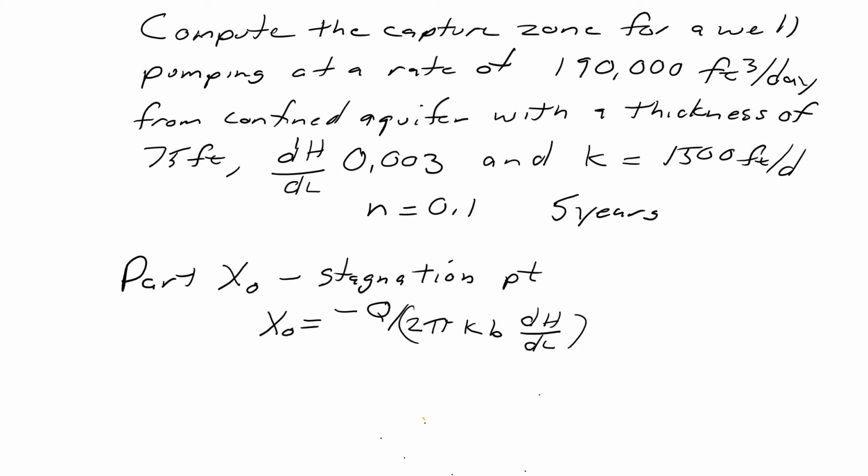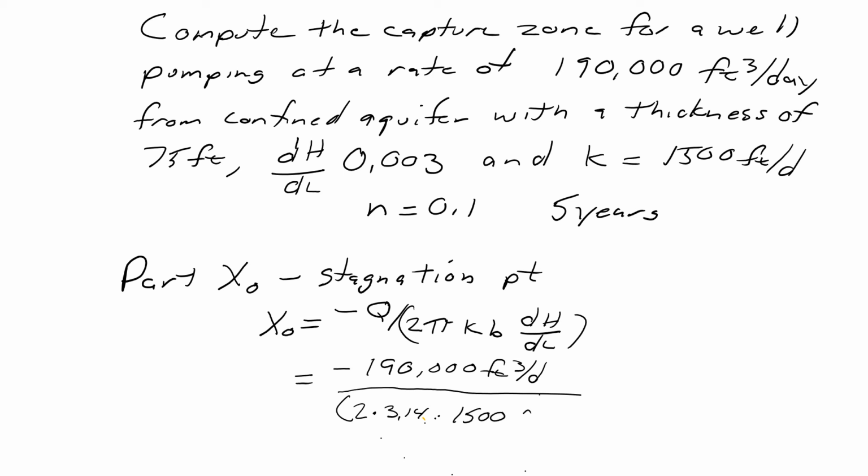I've given you all these values. 1,900 cubic feet per day over 2 times pi, 3.14, times your hydraulic conductivity, which is 1,500 feet per day, times your aquifer thickness B, which is 75 feet, times your hydraulic gradient, 0.003, which is a dimensionless value.